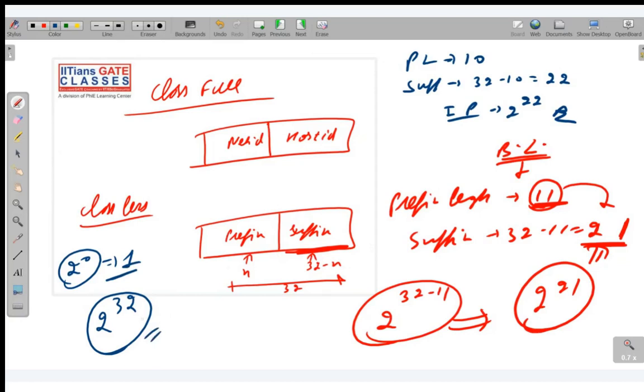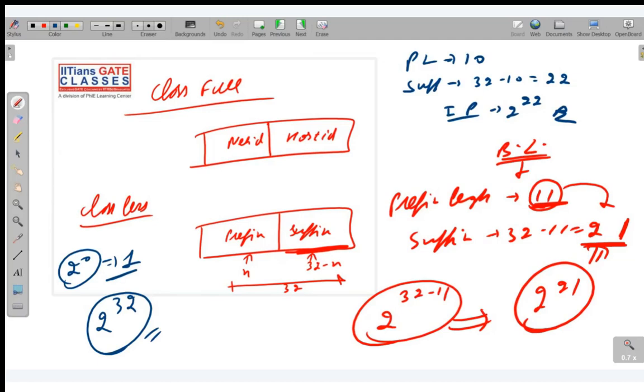Okay. Understood. Yes, yes. And they can ask the reverse question also, like if the internet is having 2 power 32 blocks, then each block will have only one IP address.